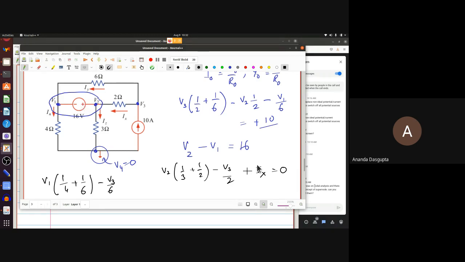Okay, so I shouldn't have written this as Ix. Ix is already in this picture. So let's write this as IV, the current through the voltage source. This current, let's call that IV. How much is this current?